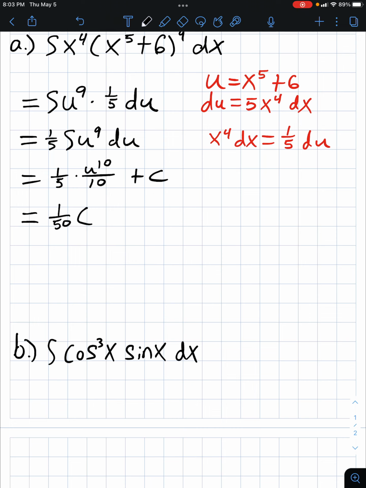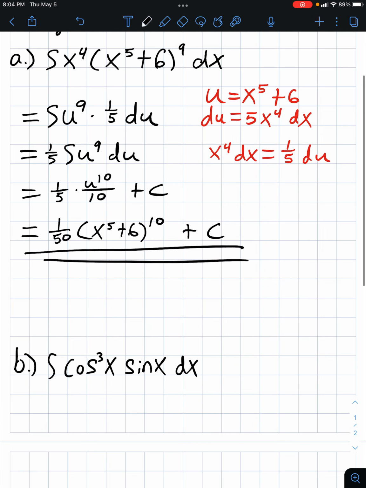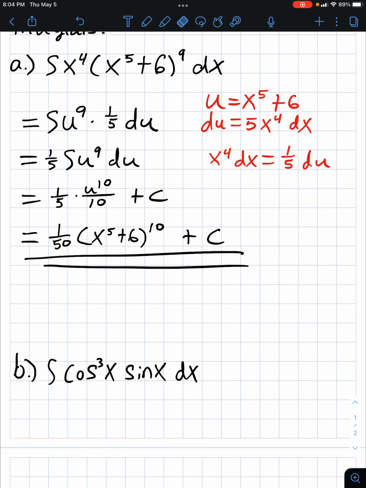Now we plug in for u, which was x to the fifth plus 6, so we get 1/50 times x to the fifth plus 6 to the 10th plus c. This is our solution for part A. The indefinite integral of x to the fourth times x to the fifth plus 6 to the ninth dx is equal to 1/50 times x to the fifth plus 6 to the 10th plus c.